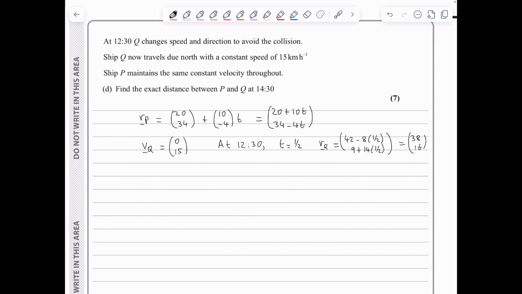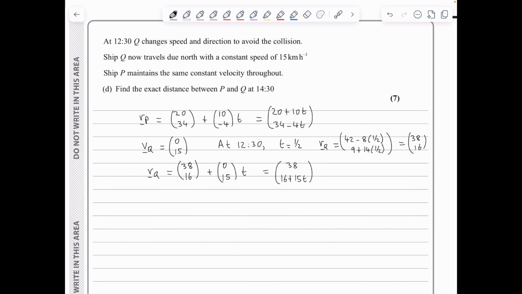So if I now consider the new position vector of Q, where t is now the time after 12:30, it's going to be (38, 16), my initial position at 12:30, plus the new velocity vector of (0, 15) times t. So this gives me 38 for i and 16 plus 15t for j.